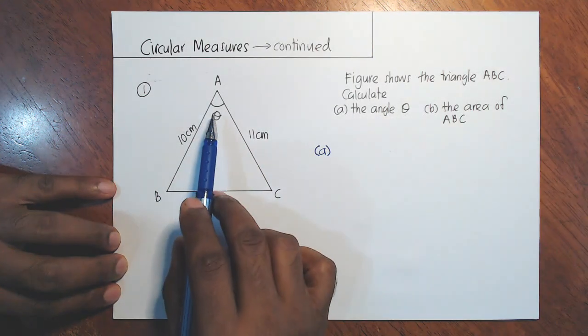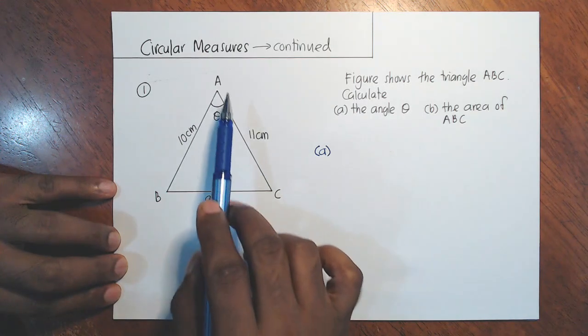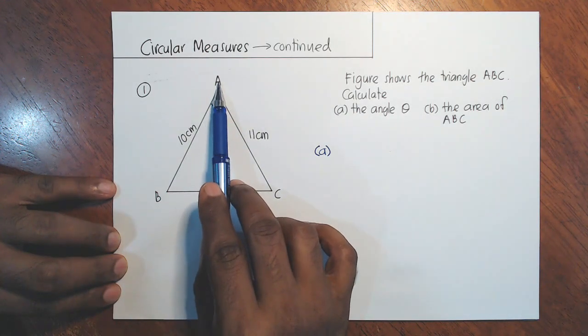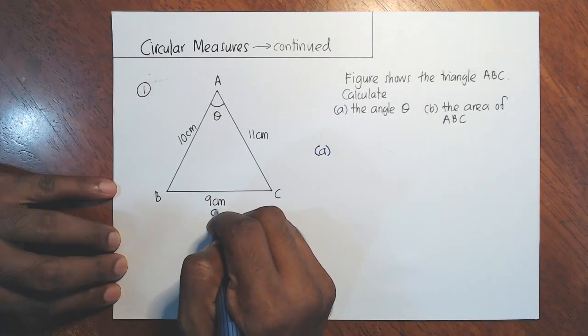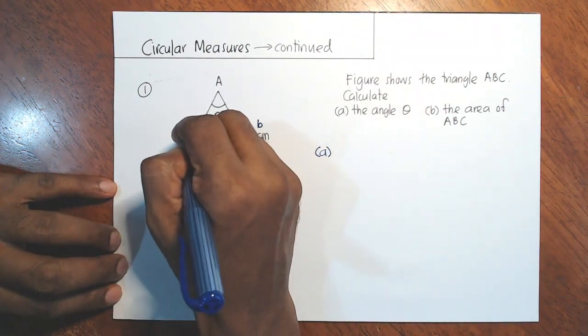If you want to calculate the angle theta, the formula you must start with is this. If this is capital A, this will be small letter a, this will be small letter b, this will be small letter c.